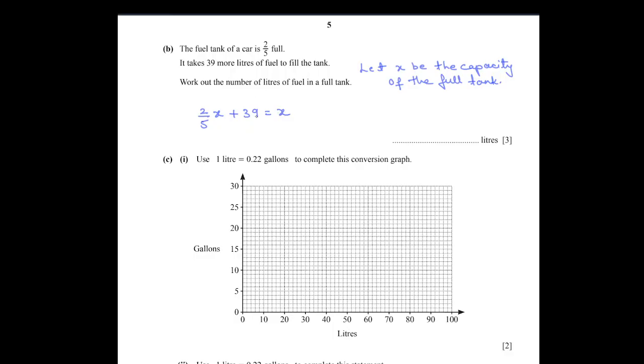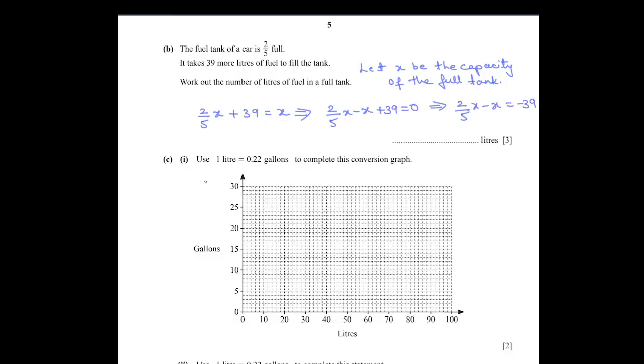Now by transposing, taking the constants to the right hand side and bringing the x terms to the left hand side. So first let me bring this x: 2/5x minus x plus 39 is equal to 0, because nothing is there now when I bring x. Same way, bring 39 to the other side: 2/5x minus x is equal to minus 39.